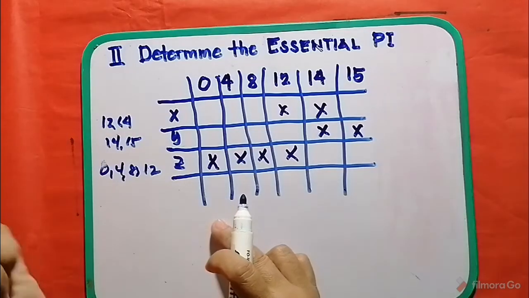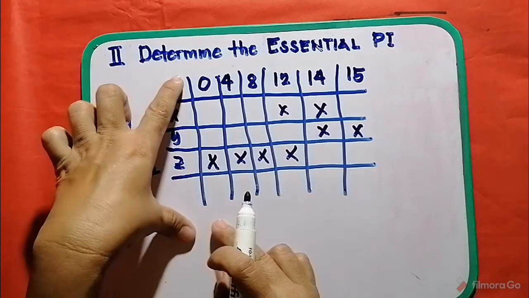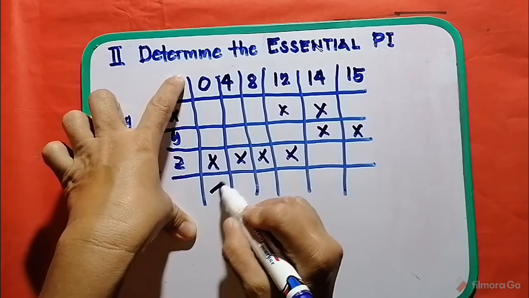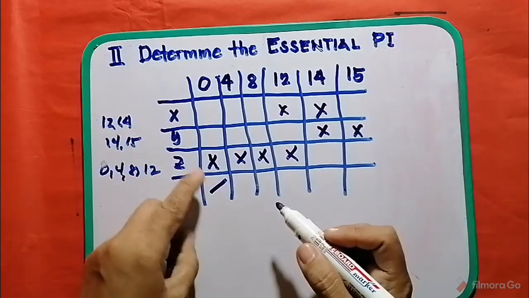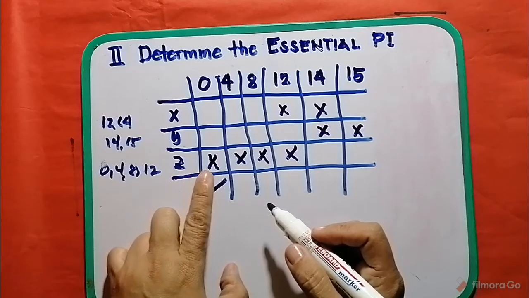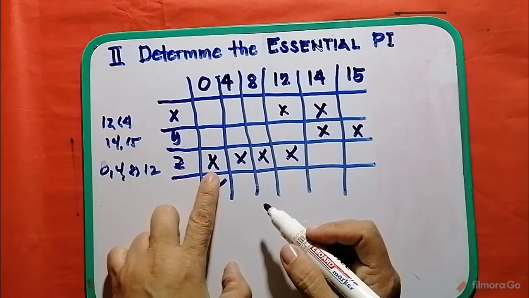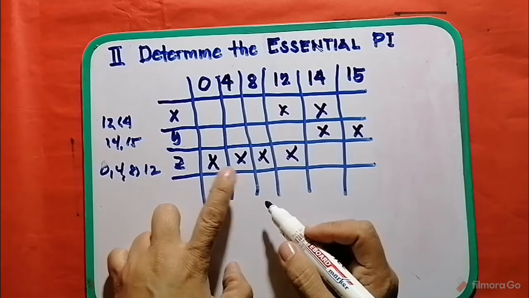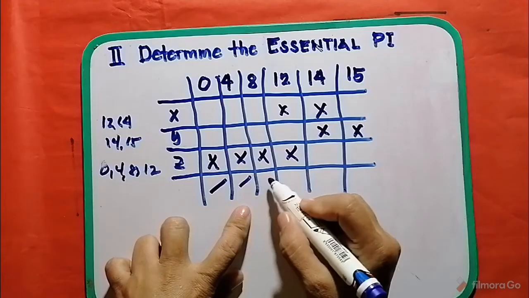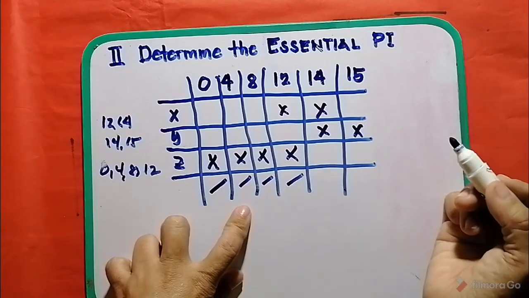First, we go to column 0. So at column 0, we have only one X, so therefore we put a check mark. Since we put a check mark on 0, and that is covered by letter Z, which at the same time also covers 4, 8, and 12, therefore, we're going to put a check mark.